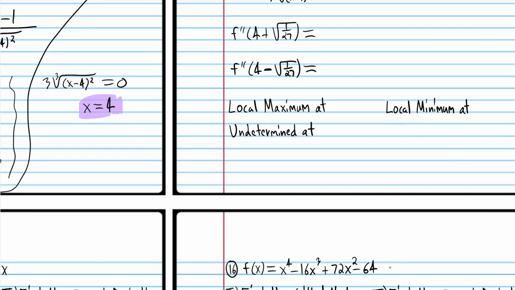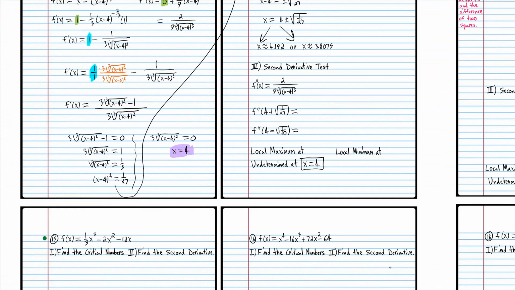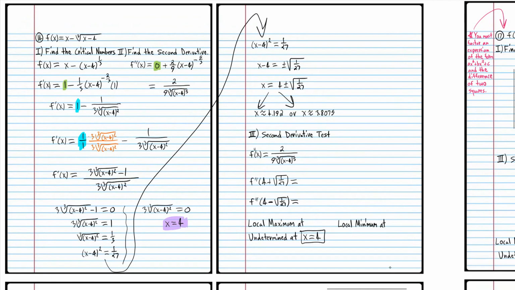So it's undetermined at x equals 4 whether or not the function has a maximum or minimum value or any extrema. At that point, we'd have to use the first derivative test. But again, you don't have to use the first derivative test. We did that on a previous problem, but I'm not going to require you to do that.